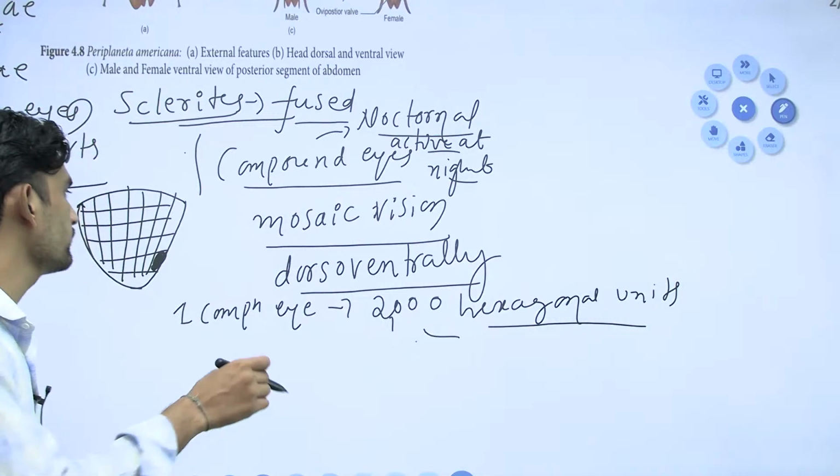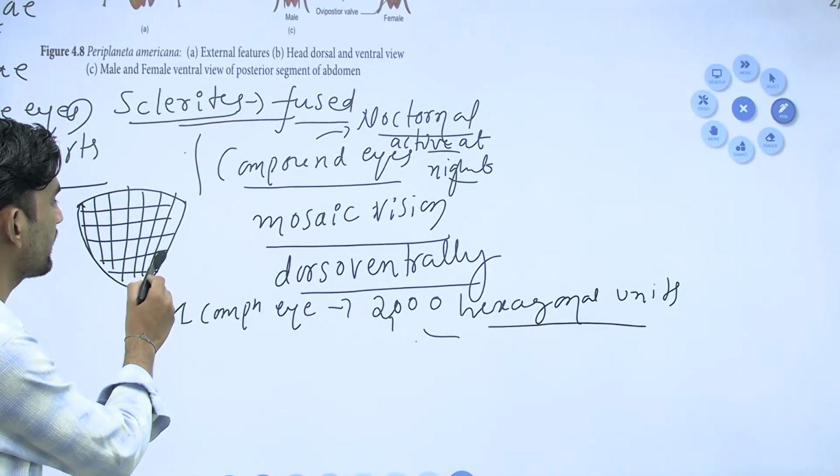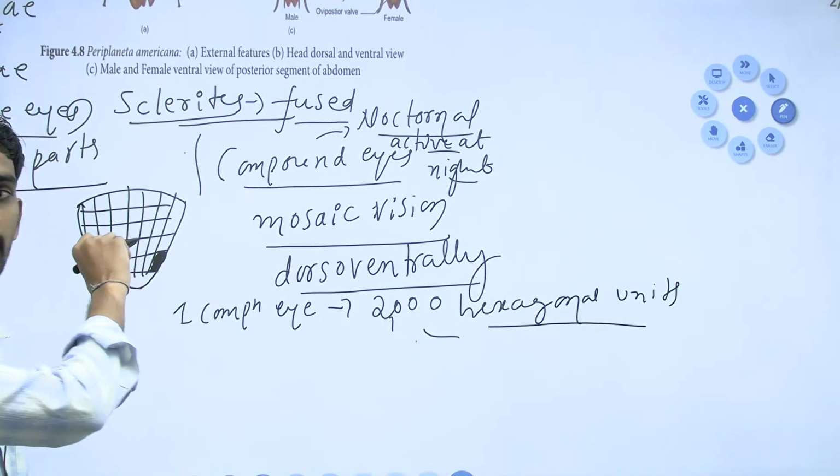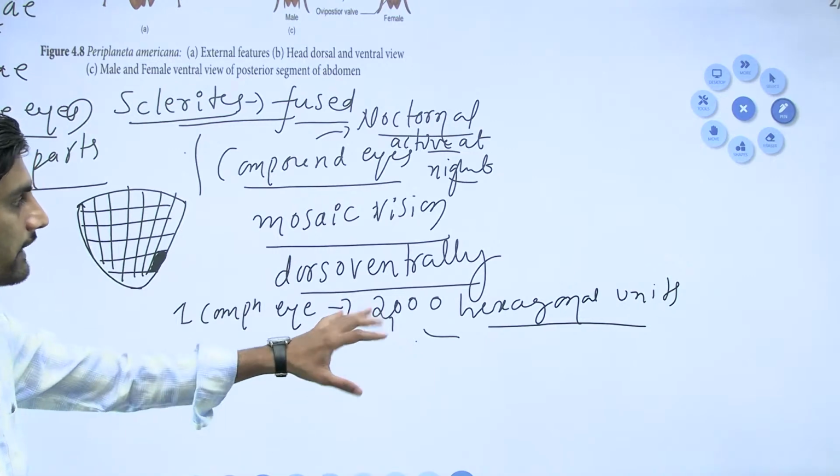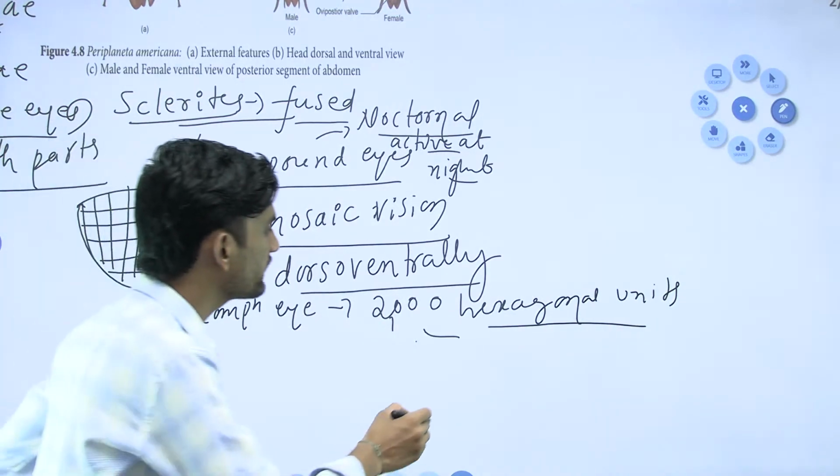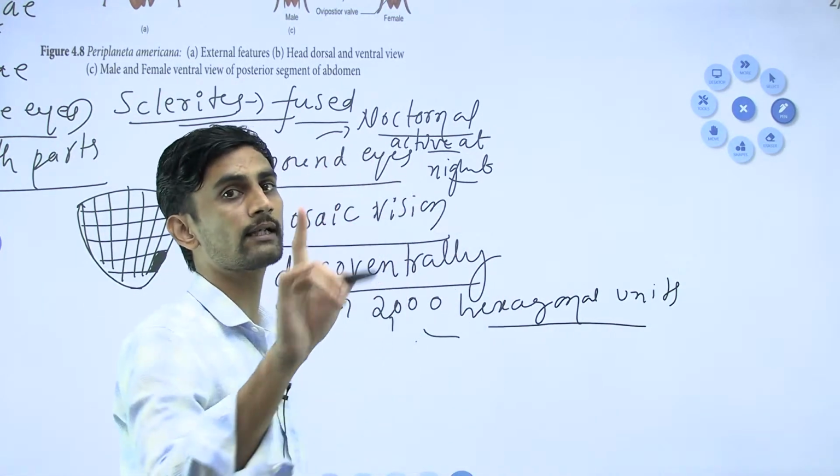This is what I have marked now. This is one single hexagonal unit. How many are there in one compound eye? More than 2000. All these 2000 together form one compound eye.